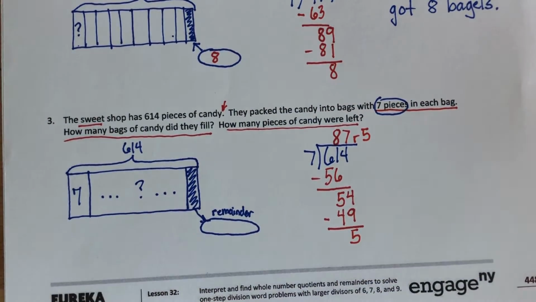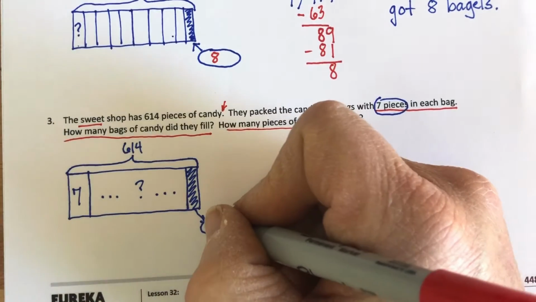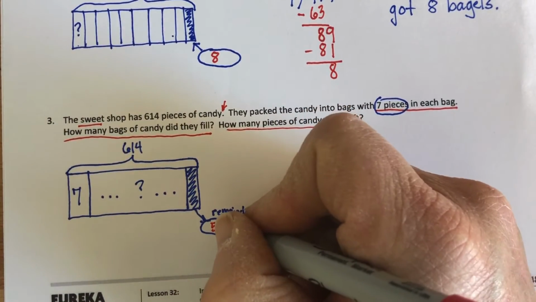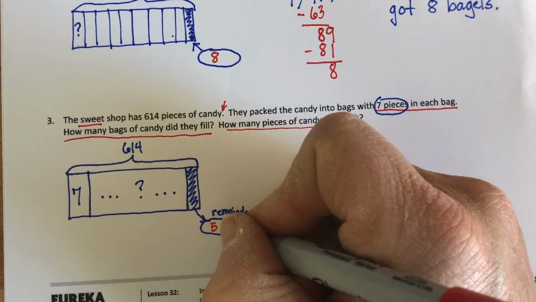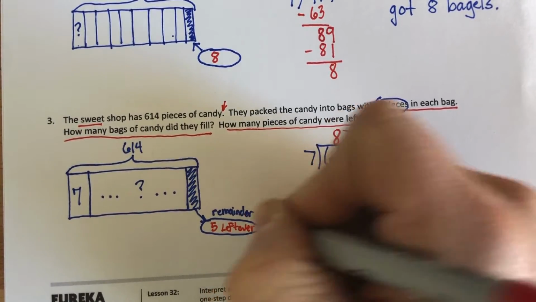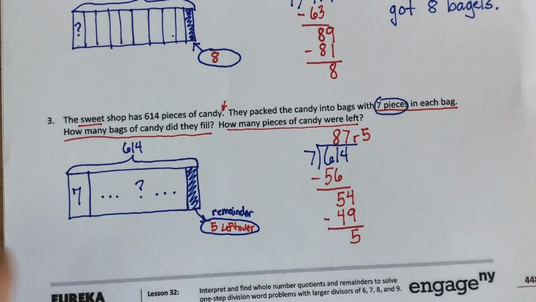So it looks like there's 87 bags of candy with 5 left over. Cool. So 87 bags of candy with 5 left over. That's what I'm going to do. I'm going to write it out.